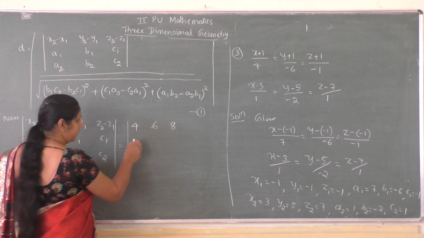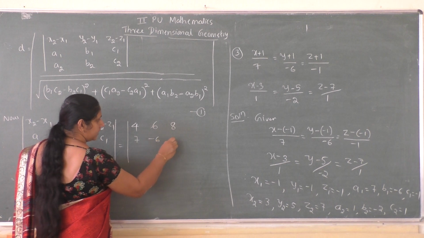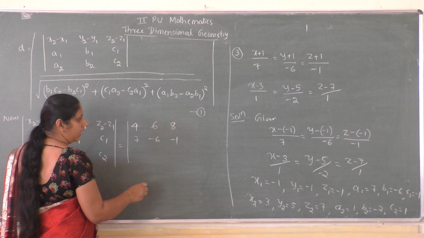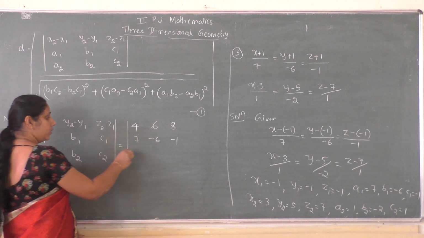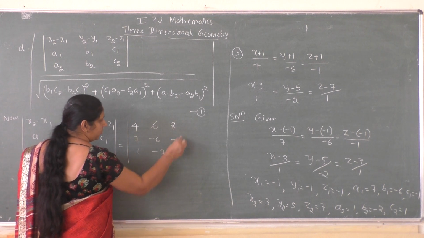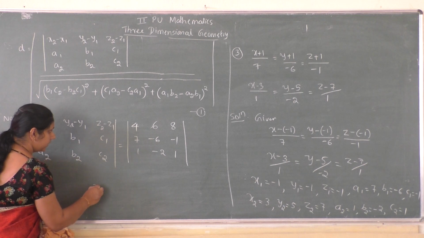What about a1 b1 c1? 7, minus 6, minus 1. And a2 b2 c2? 1, minus 2, 1. So now we will expand this.